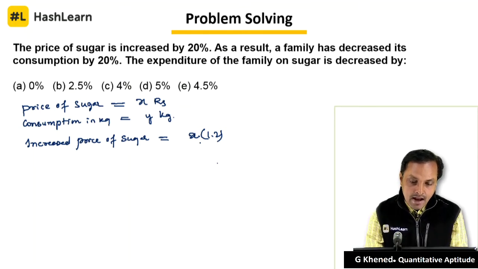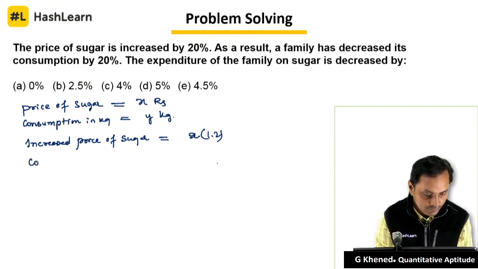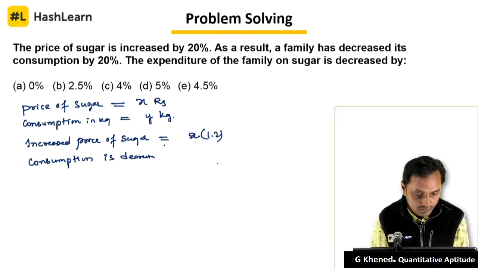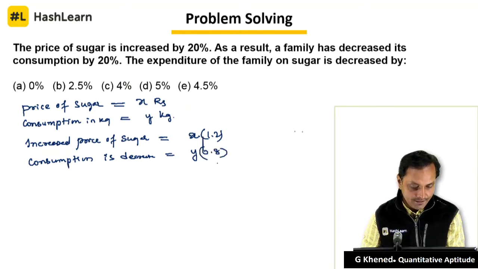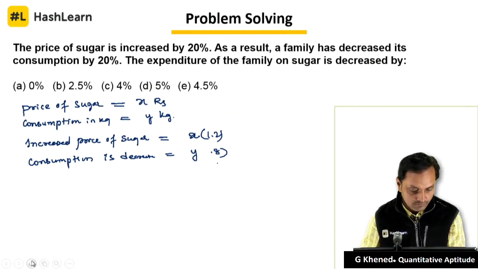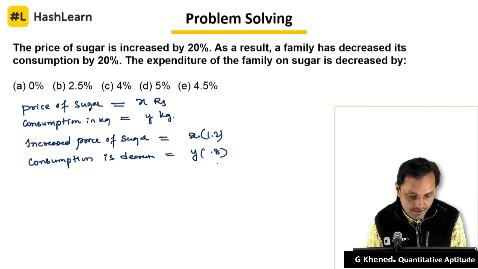As a result, the family has decreased its consumption by 20%. So what is 20% decrease? It is 0.8.